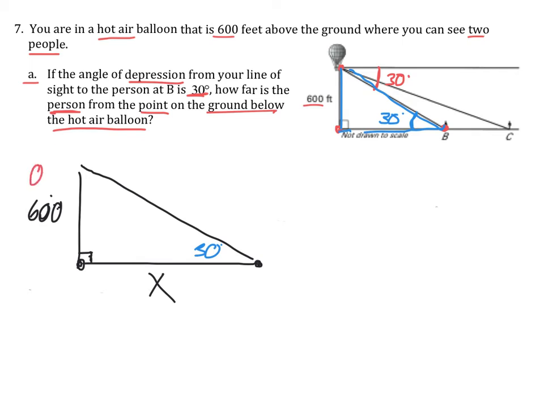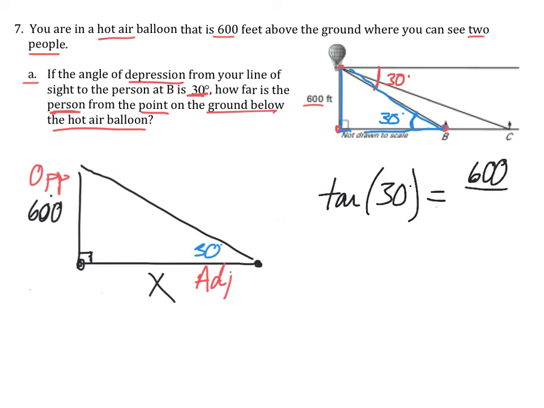So in this case we have the opposite side. I'm looking to solve for x, which is the adjacent. So the trig function I'm going to use is tangent. So in this case it's going to be tangent of my angle of elevation, 30 degrees, equal to the opposite, 600, over the adjacent, x.